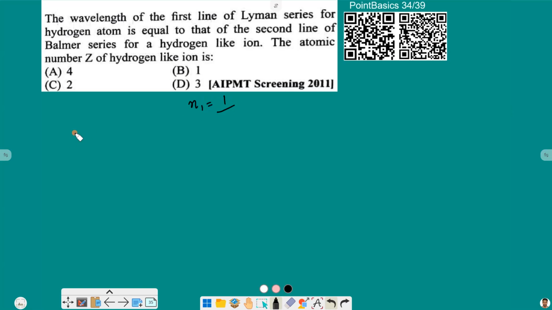So let us write 1 by lambda h. This is the transition wavelength for the hydrogen atom for the first Lyman line. So that will be equal to R times (1 by 1 square minus 1 by 2 square). So 1 by lambda h will be equal to R into (1 minus 1 by 4), so that will be 3 by 4. And from this lambda h is 4 by 3R.